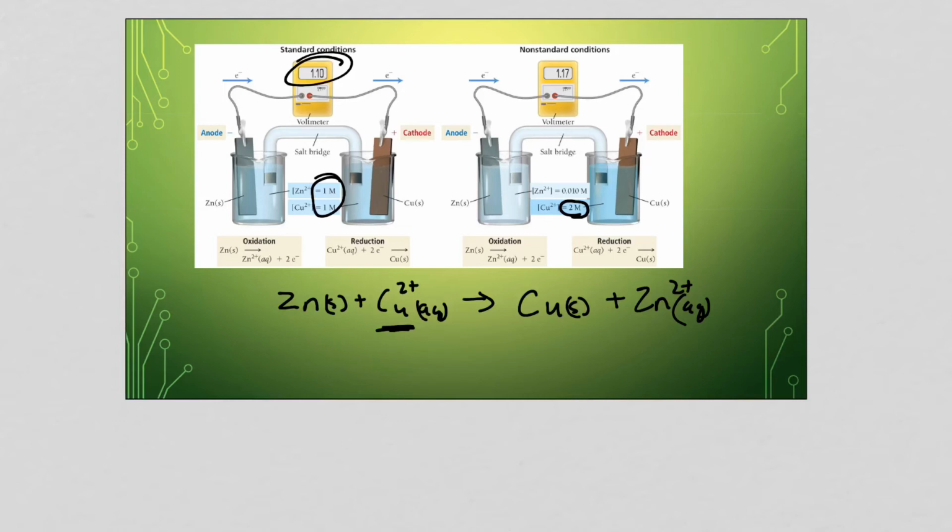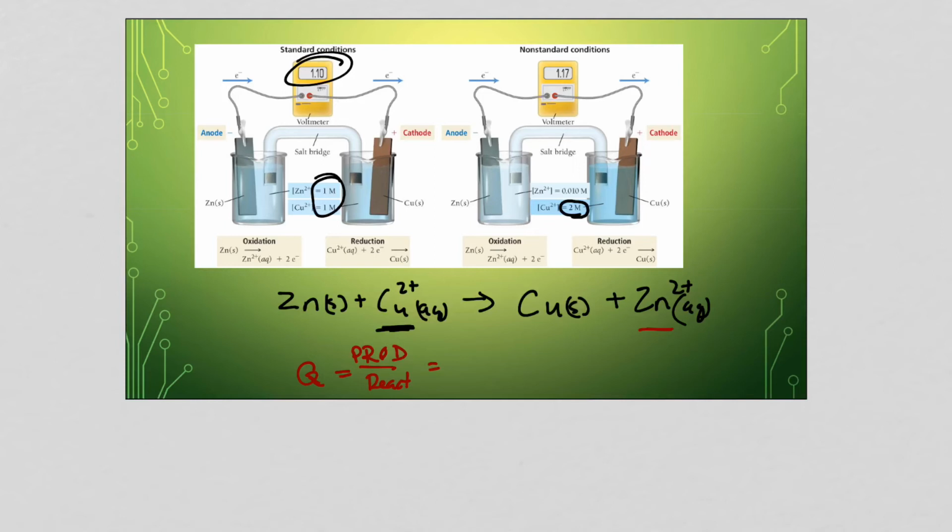They are reacting to form copper metal, and we have a lower concentration of what would be our product, our zinc ions here. And remember that Q, our reaction quotient, equals products over reactants.